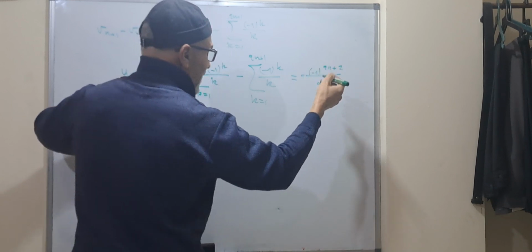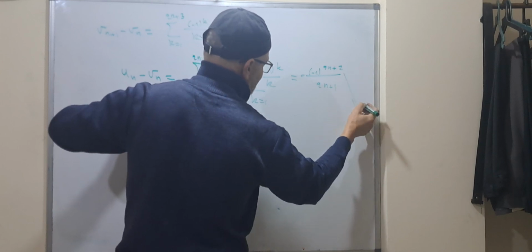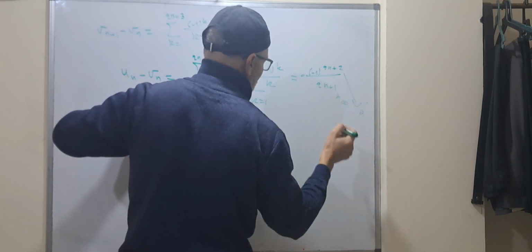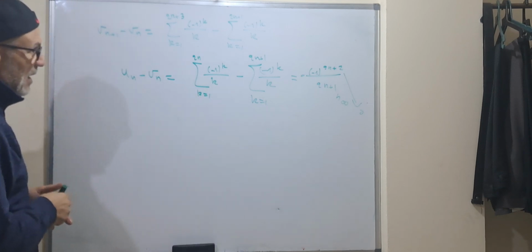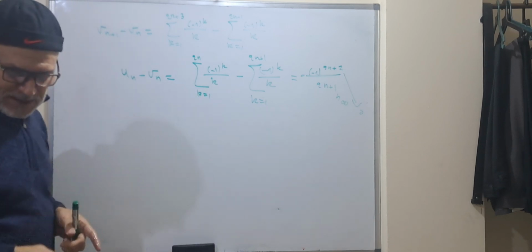It doesn't matter, and this goes to 0 when n goes to plus infinity. This means that un and vn are adjacent.